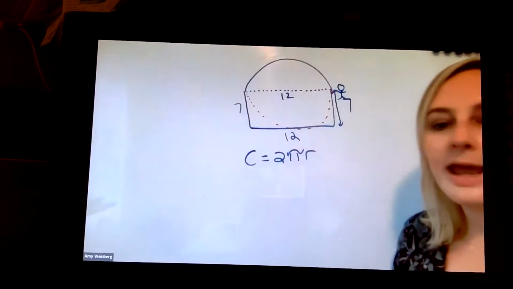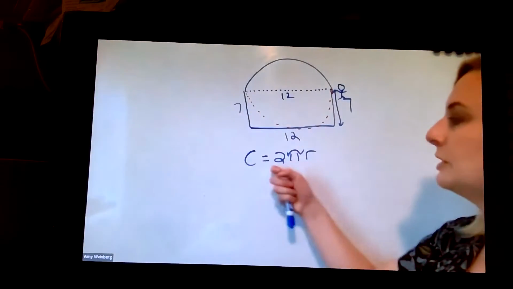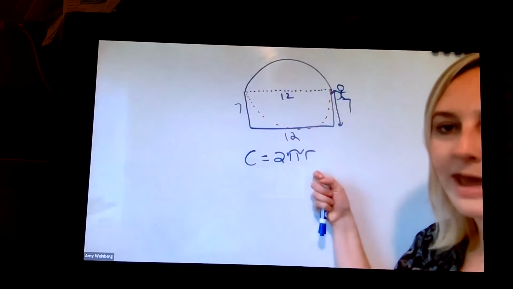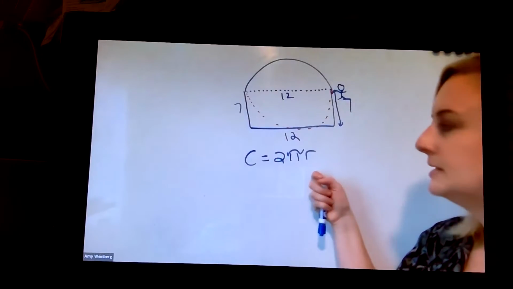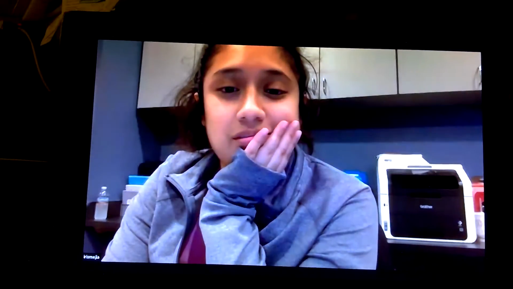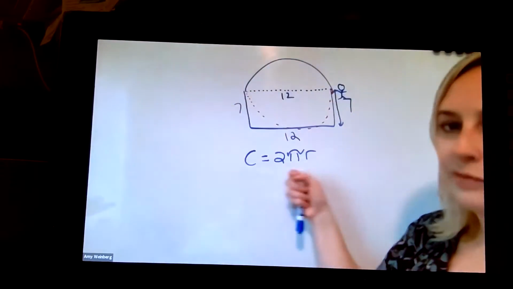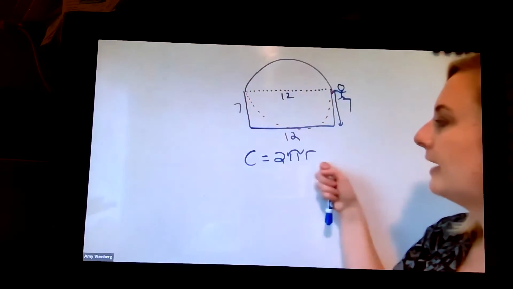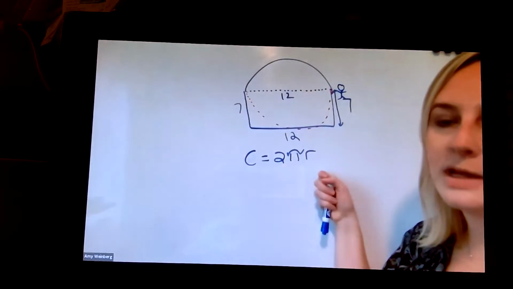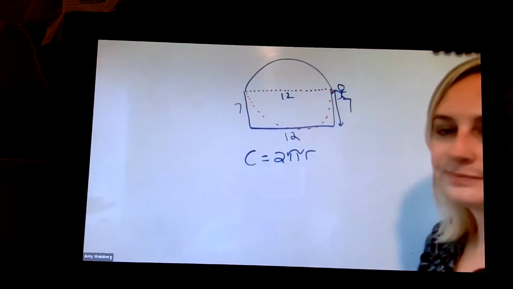Well, I only want half of it. So what do you think I have to do to this equation if I only want half? Any guesses? Make it a fraction. So what can I divide this by if I only want half? If you want to cut something in half.